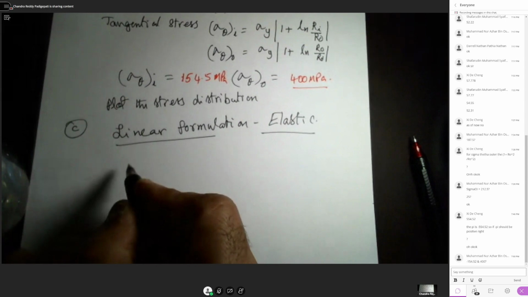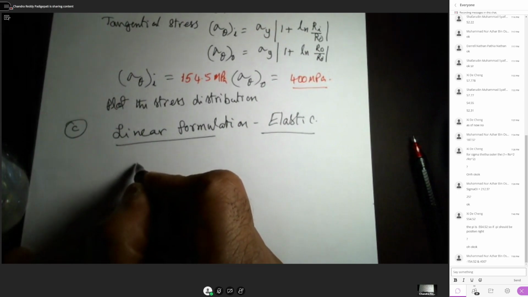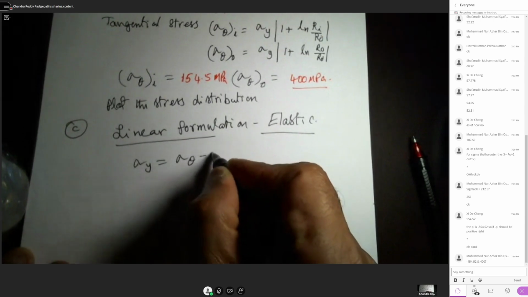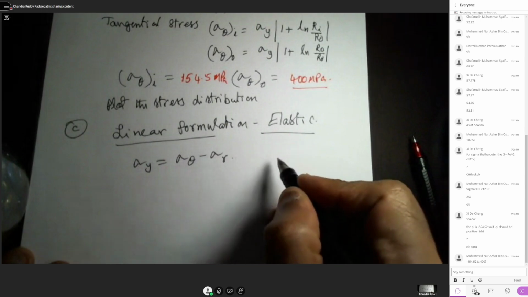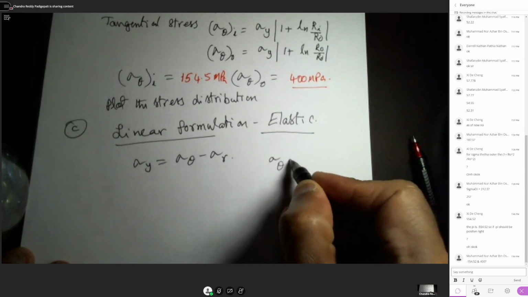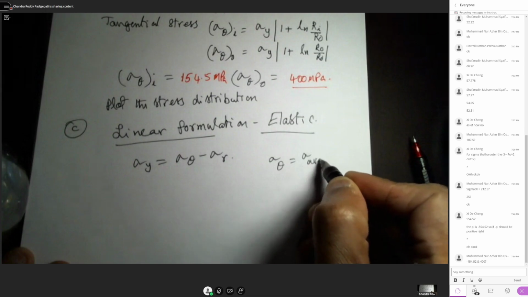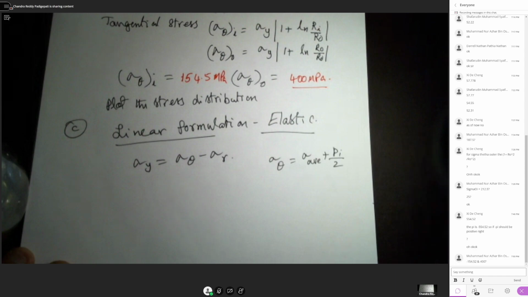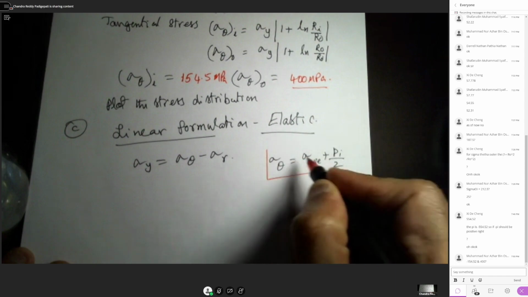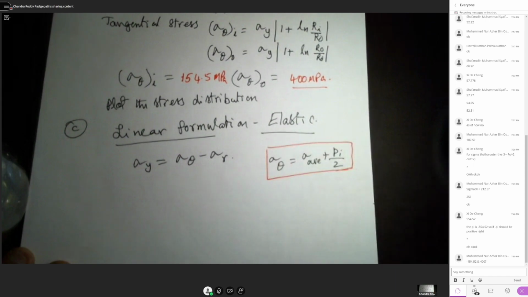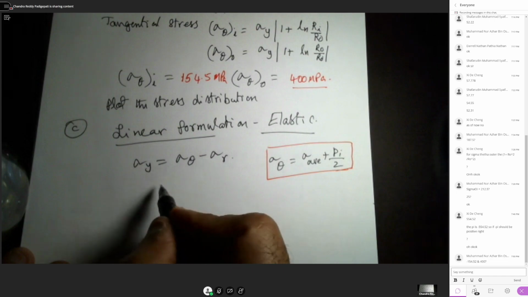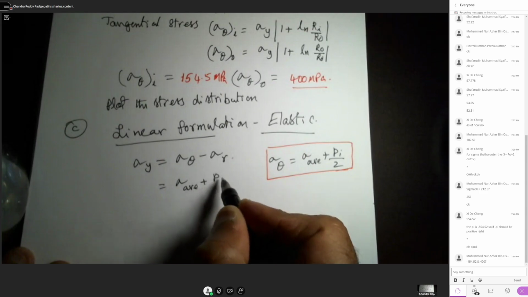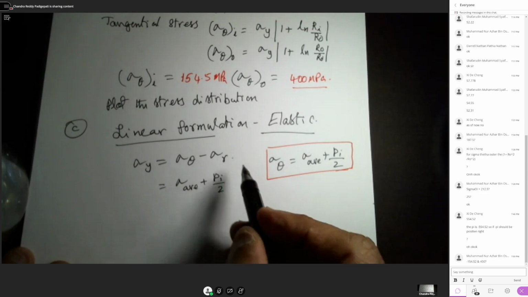Okay, so here we write sigma y is sigma theta minus sigma r. But sigma theta is sigma average plus pi over 2. So this is the formula. So we can write this as sigma average plus pi over 2.